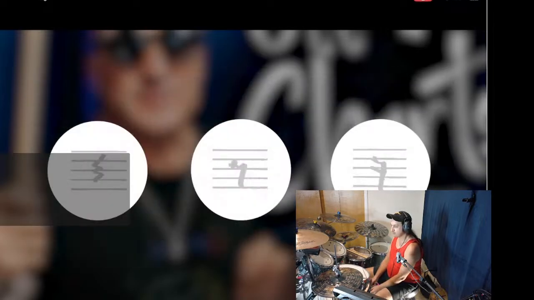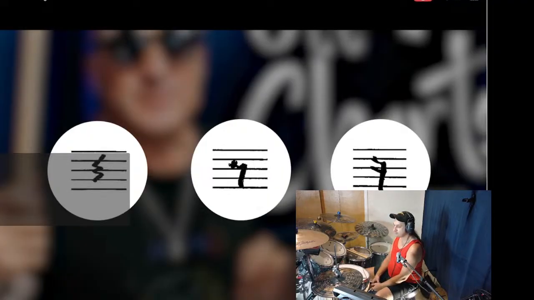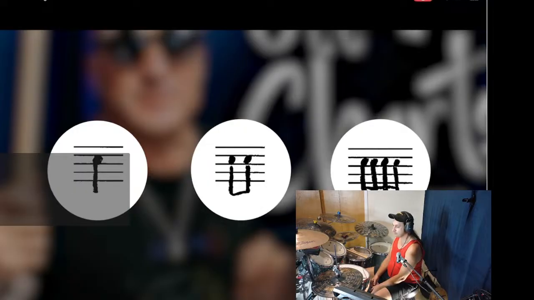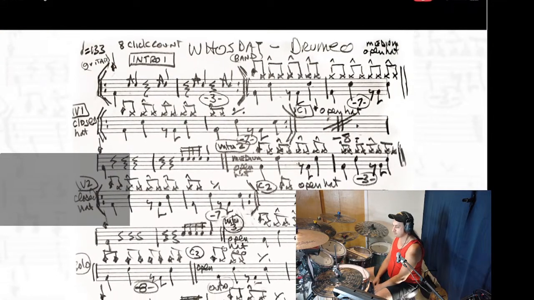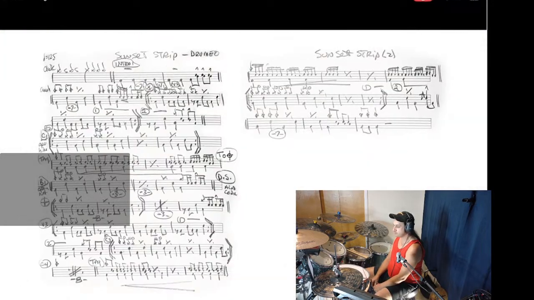We could also have quarter, eighth, and 16th rests as well. Each of these lasts as long as the note of the same name, and simply means do not play on that beat. And so the purpose of this course is that you can then write a complete chart of your favorite song or songs on paper and play along with it.